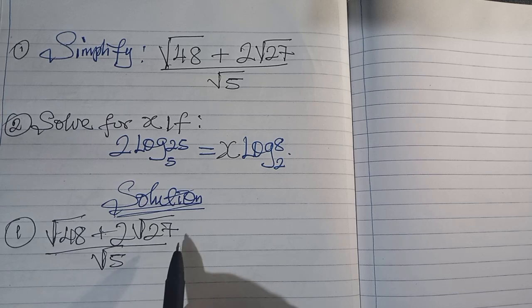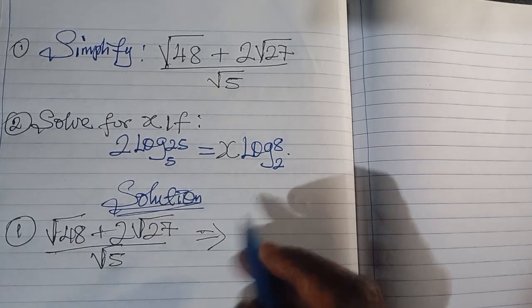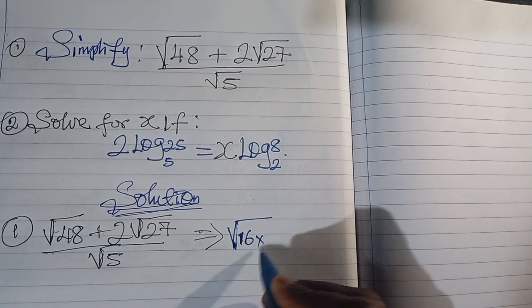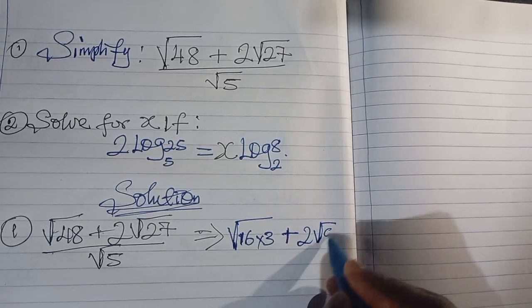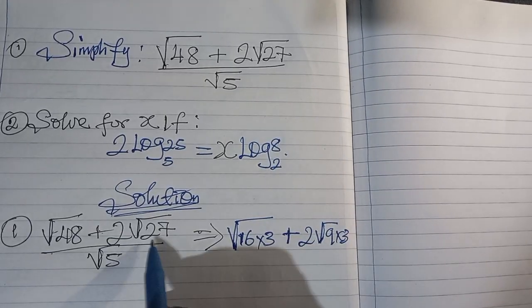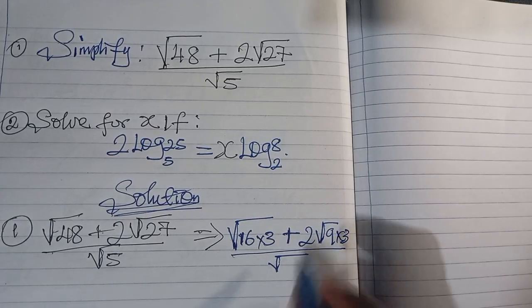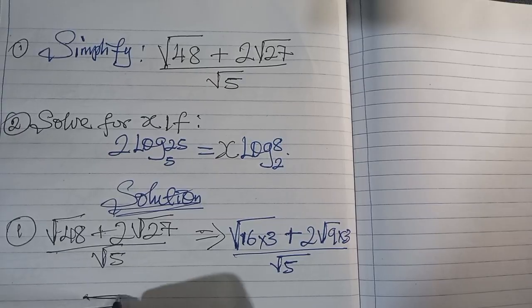Already root 5 is in its basic form. So now root 48 is the same as the square root of 16 multiplied by 3. Here now we have plus 2 root 9 times 3, because 9 times 3 is what? 27. Then divided by root 5. Good.